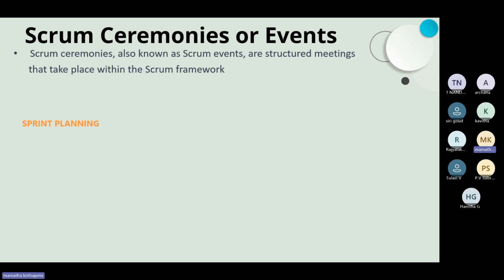Say two requirements: you do the planning, then the designing, then the development, all the phases. That iteration, that small piece of work from the requirements to delivery, we call that a sprint, right?